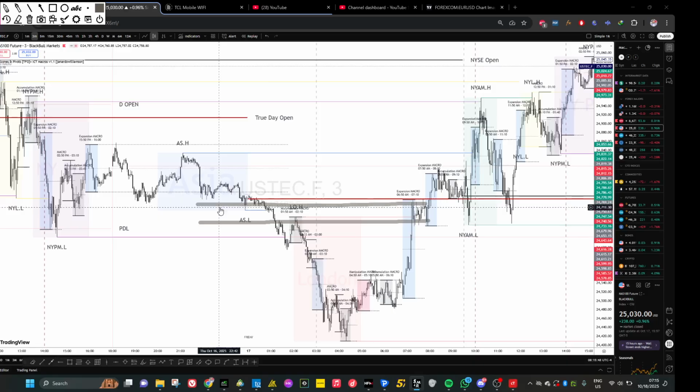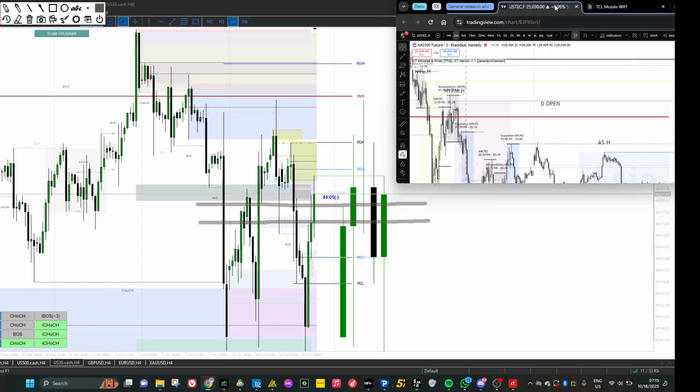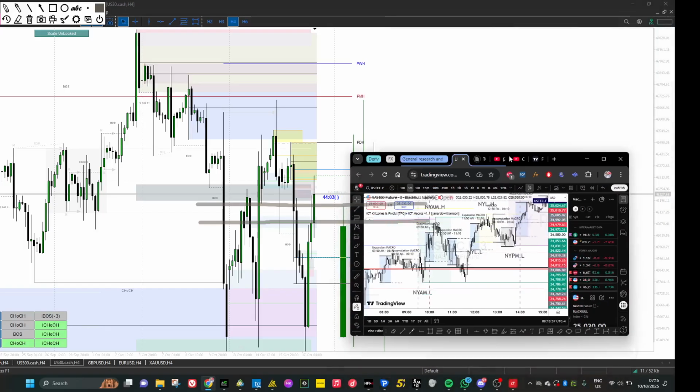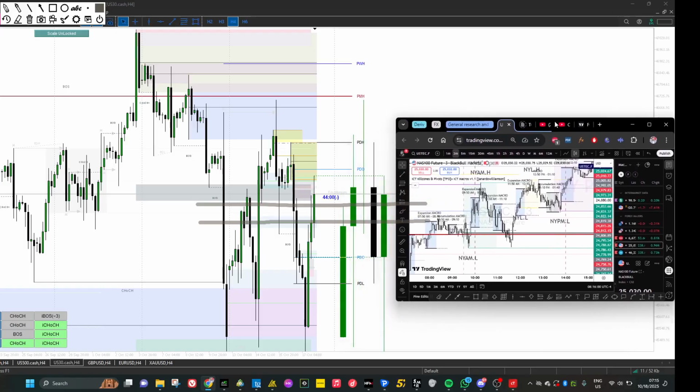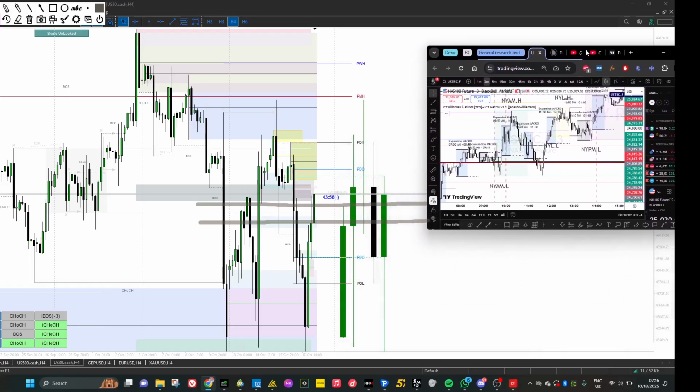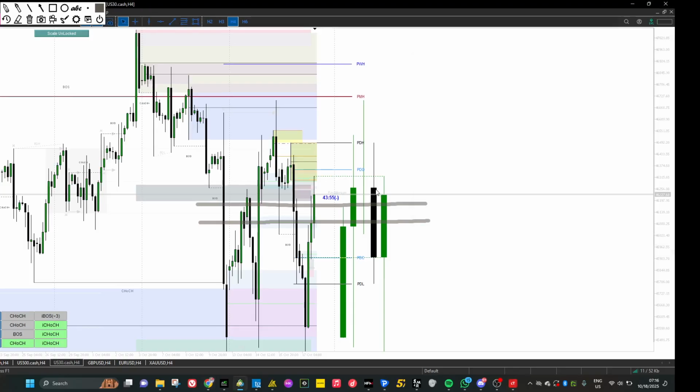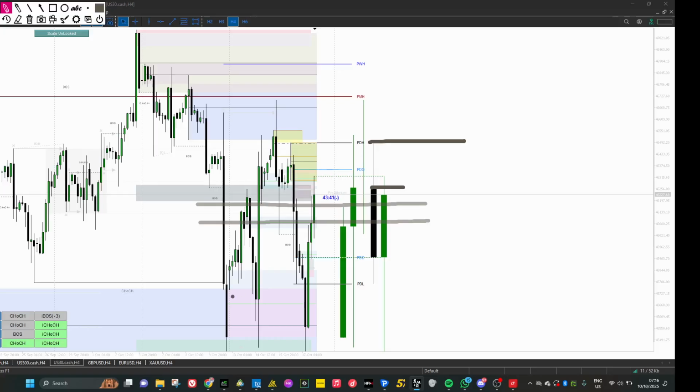And when you know to look for those levels, then you can identify where price will tend to attract to, as well as on the higher time frame, I had the target of the previous day's close, which would have been right around there, and I was having this target as well. I know this was a bit extreme, but it could have possibly got there, especially when the market is volatile like this.